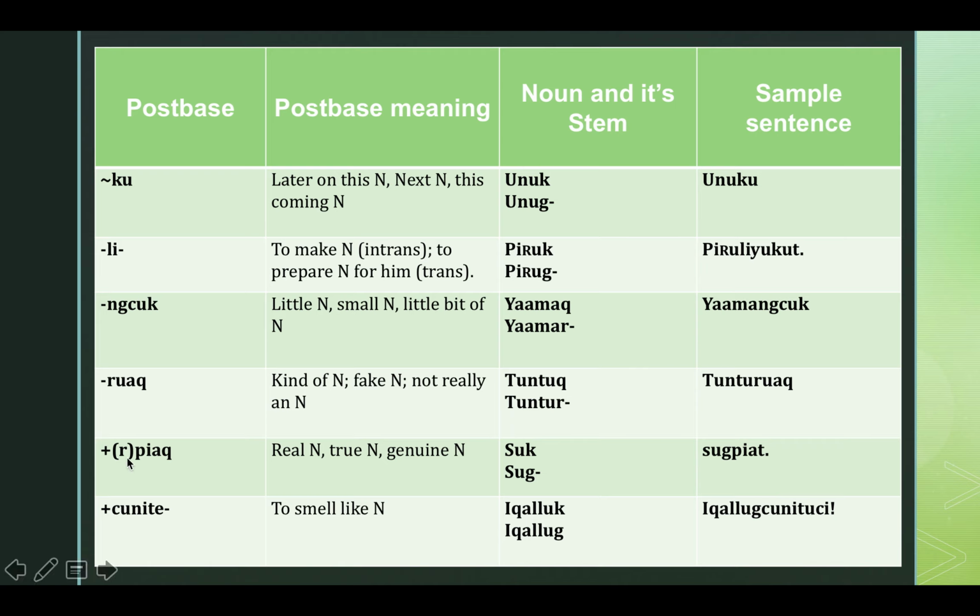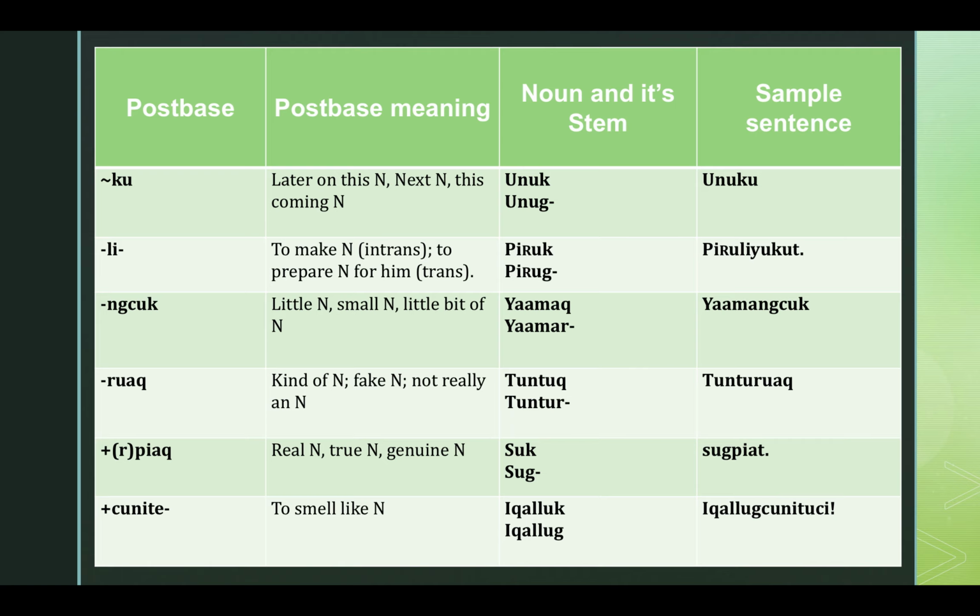So the R is in case the stem of the noun does not end in a consonant. So if the stem ends in a vowel, we have to add that R. If it ends in a consonant, we don't add the R, we just keep the consonant because this is a plus postbase, so it just gets added on to the end.